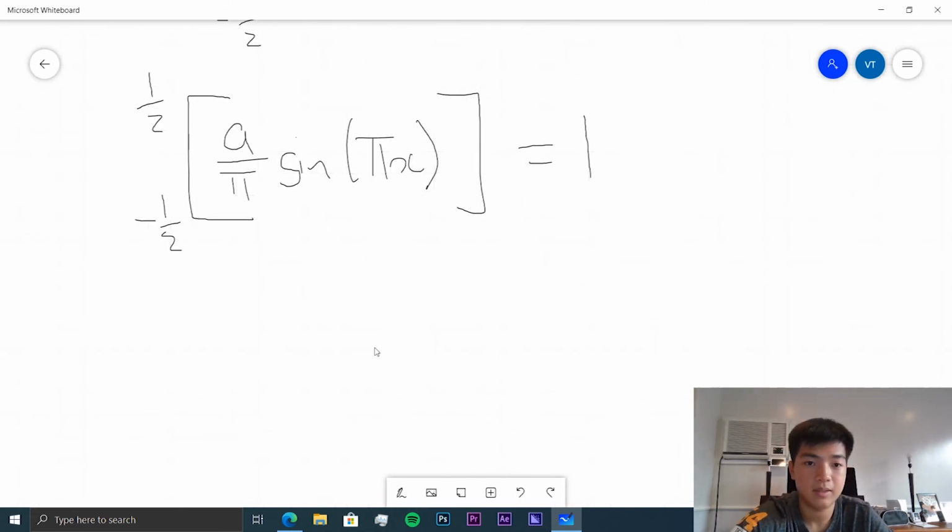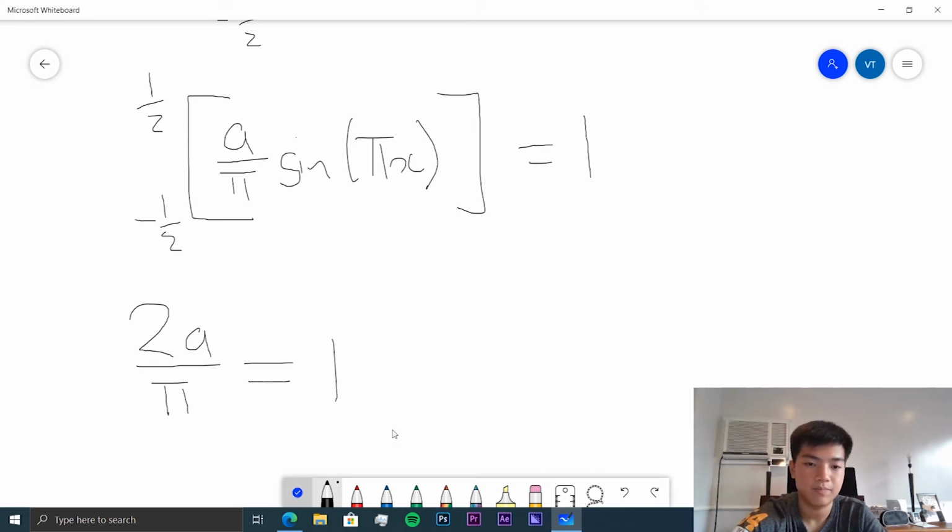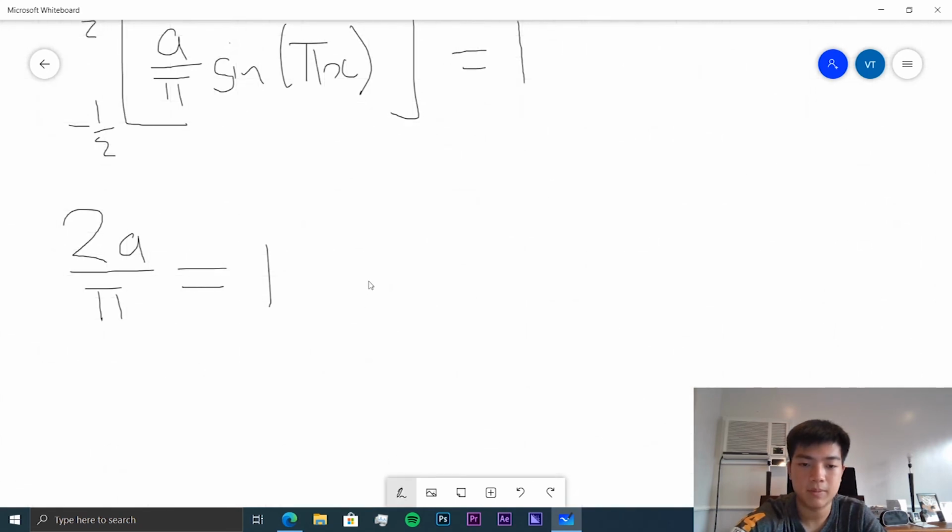So this is equal to 2 times a over pi, because sine pi over 2 is 1, so just 2a over pi equals 1. So a equals pi over 2. Interesting. Okay, a equals pi over 2.